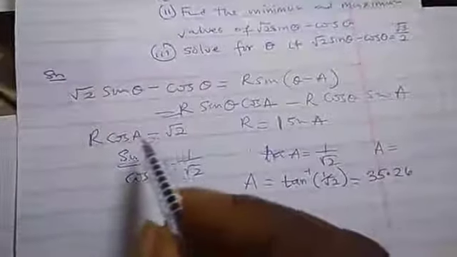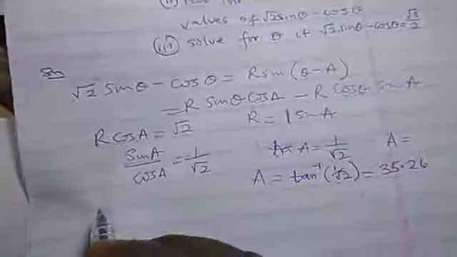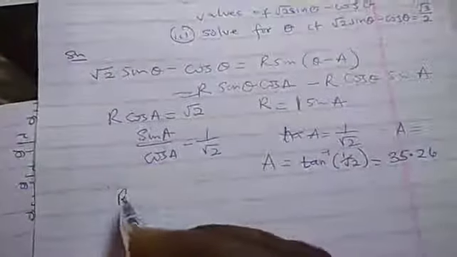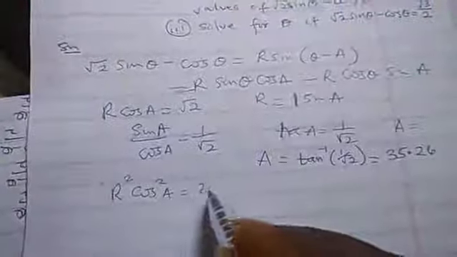How can we know our r? We can do it in two ways. You can substitute the value of a here and get our r, or we square both sides. If we square both sides of this, we are going to have r cos square a is equal to 2.